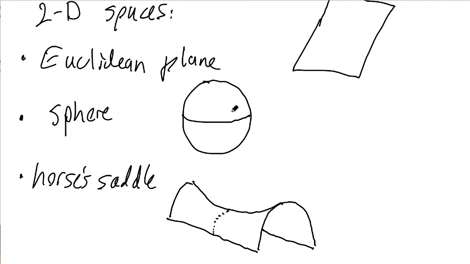Okay, let me make a few comments about these examples. The first comment is that these are two-dimensional spaces, whereas our space-time is four-dimensional.